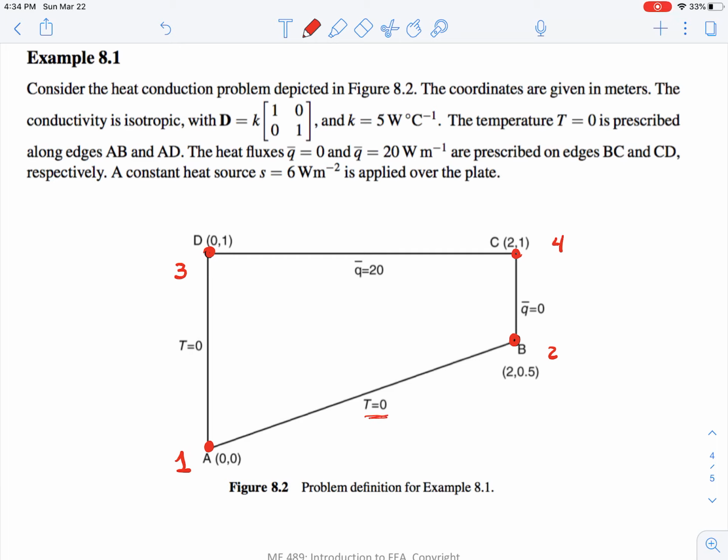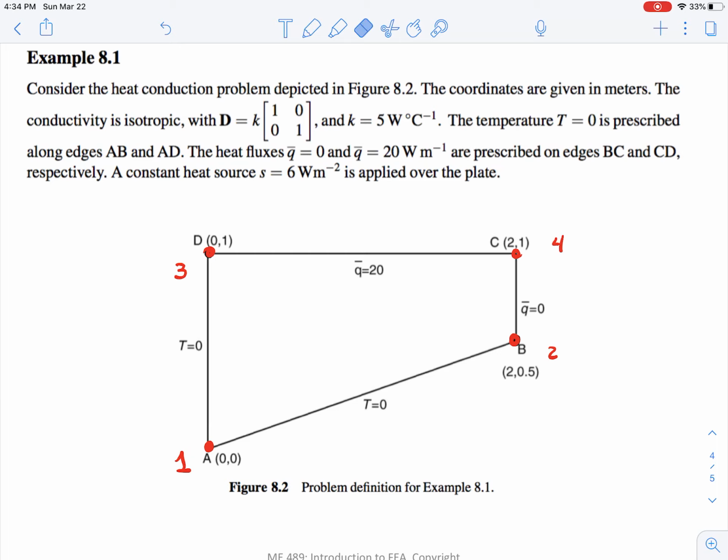So in this case, because we know that the essential boundary condition is temperature equals 0 on this edge right here, therefore that's why I numbered this node and this node first. And then instead of numbering this node, because this one doesn't have essential boundary condition, I actually went here because this edge also has an essential boundary condition.